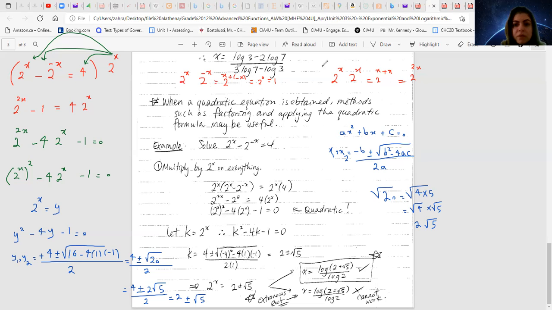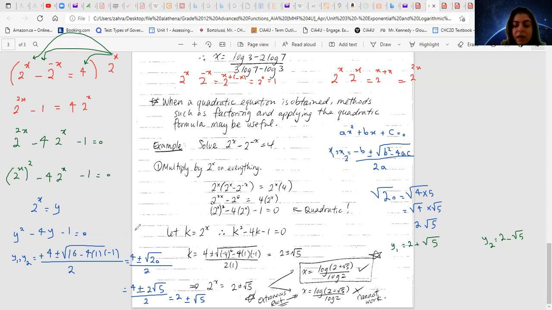I'm going to write it here. So y1 is equal to 2 plus the square root of 5, and y2 is equal to 2 minus the square root of 5. Remember, what was the y?